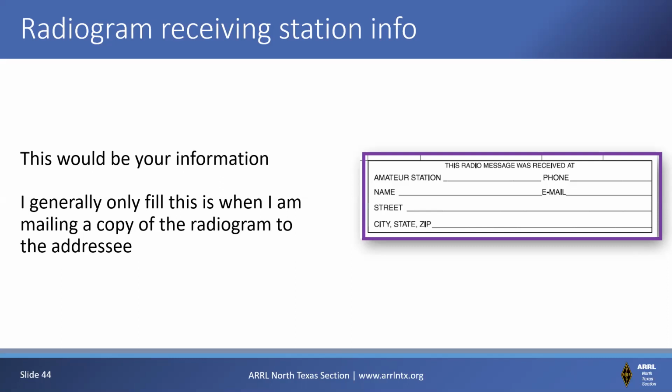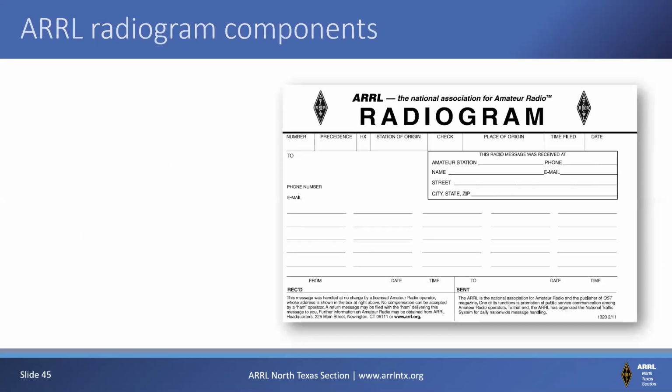Or if you're in an emergency, you put your information there, so that if there are any follow-up questions, they know how to get a hold of you. Maybe it's "we can't read this one word, can you read it for us?" Otherwise, I know my name and my phone number, so I don't need to fill it in. It's only helpful if someone else is going to be looking at it and they have questions. So that is virtually always blank for me.